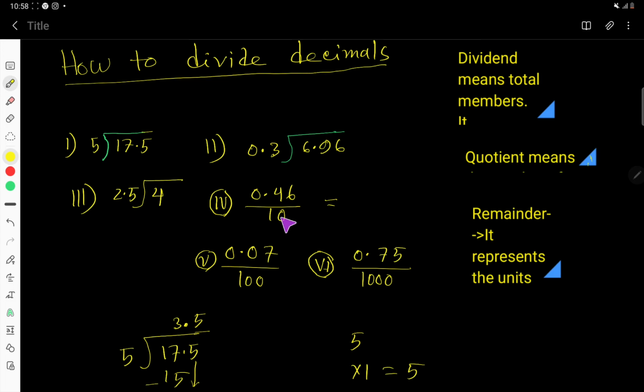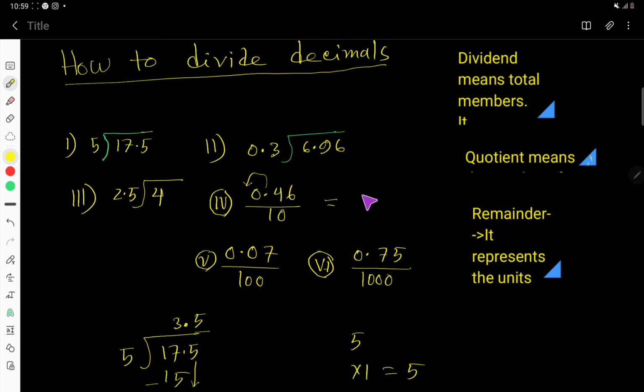So look, here we are getting one 0 for 10. That is, if you want to divide by 10, we see that in 10 we are getting only one 0. That is, the divisor has only one 0. So that is why you have to move the decimal point one digit to the left.